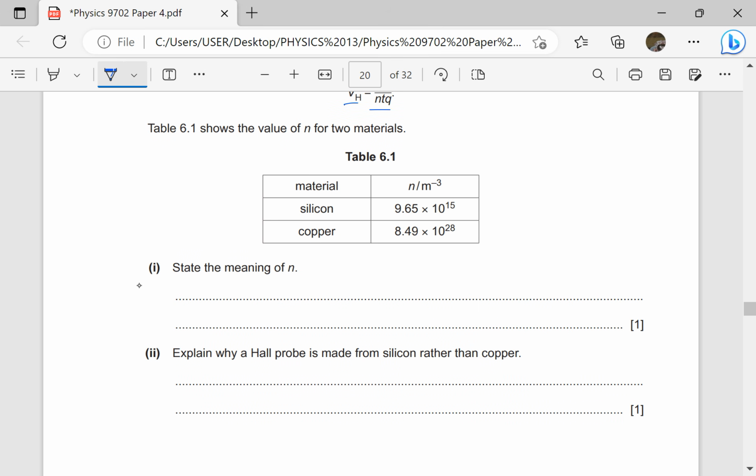Of course, we have seen n several times. n refers to the number density of charge carriers, or it can stand for the number of free electrons per unit volume.